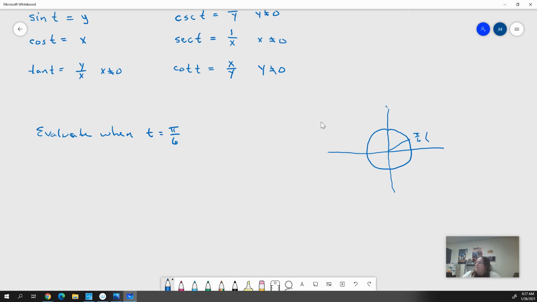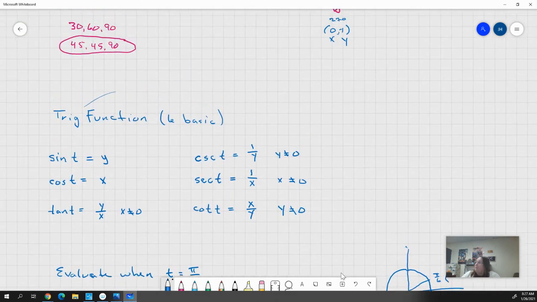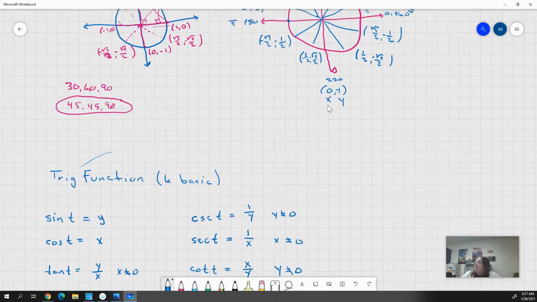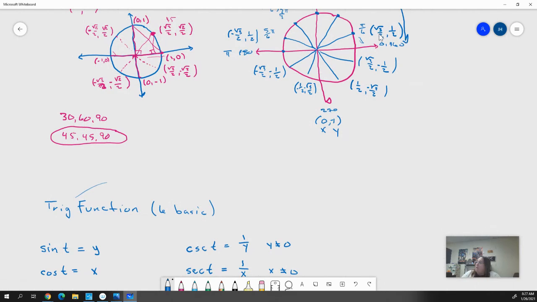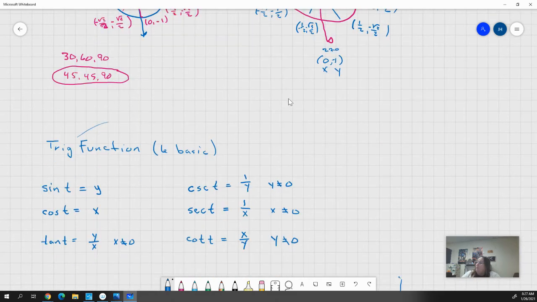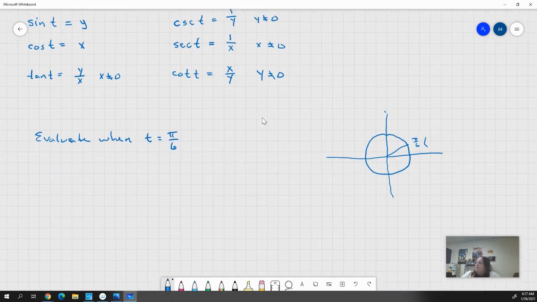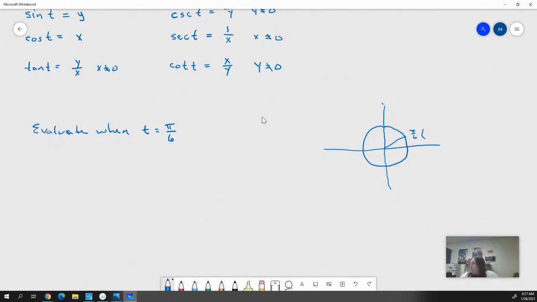We had a point on there, right? That point was radical 3 over 2 and 1/2. So our point is radical 3 over 2 and 1/2. This is our x. This is our y, right?